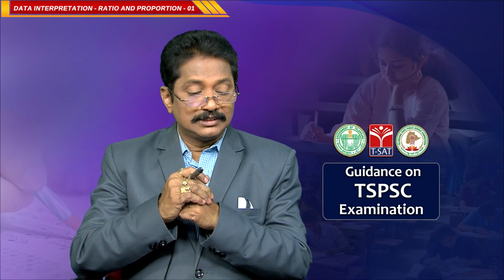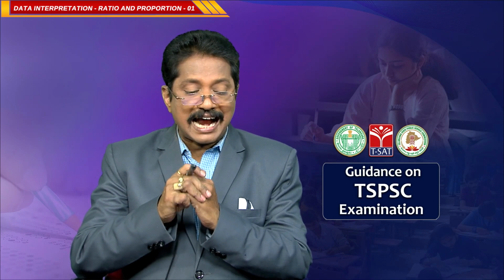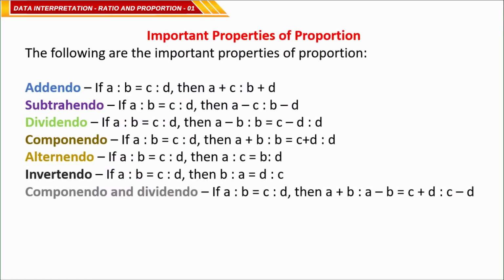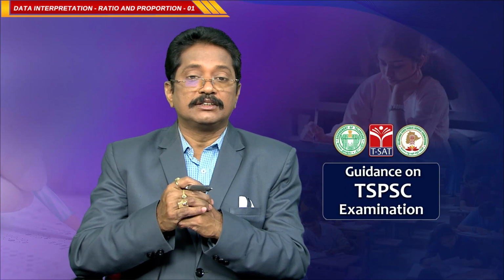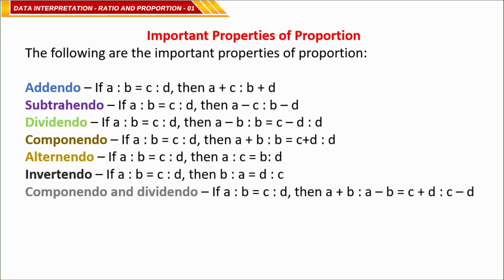One is called addendo: when A is to B is equal to C is to D, you can compare A plus C is to B plus D. Subtractendo: A minus C is to B minus D. This is rarely used, but the most frequently used ones come next.